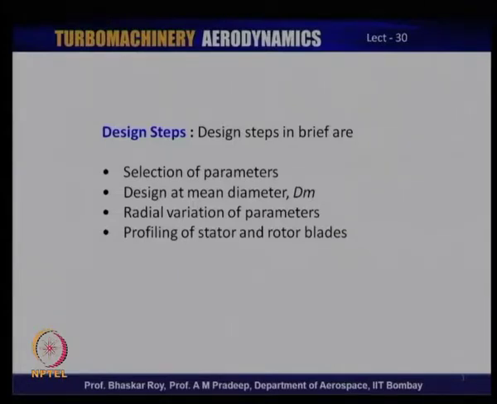To begin with, if it is a multi-stage turbine, it is done for all the stages at the mean diameter first, and it is only after the entire mean diameter design of all the stages is completed satisfactorily, and they have been well matched with the compressors which they are powering, only after that the complete 3-dimensional design of the blades is normally undertaken.